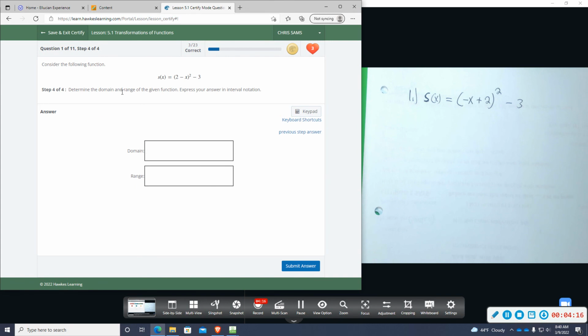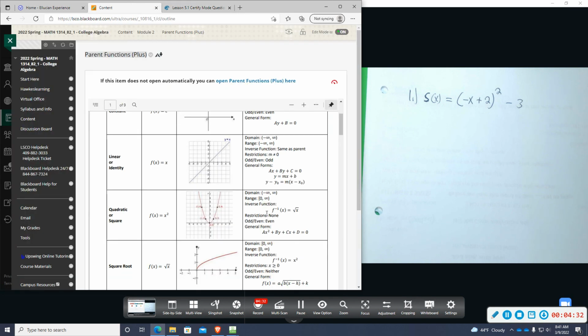We want to know the domain and range. So I believe we've talked about domain and range, but if not, let's look at it. Let's just go back to our parent functions. Let me kind of mention it from here.